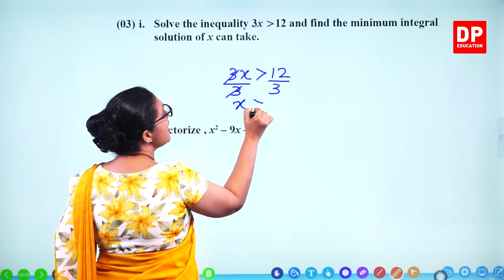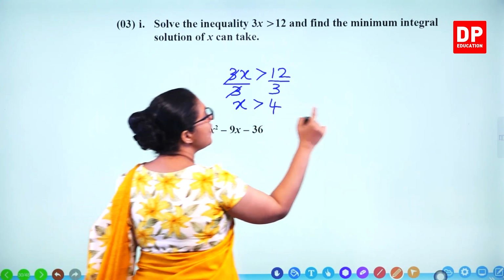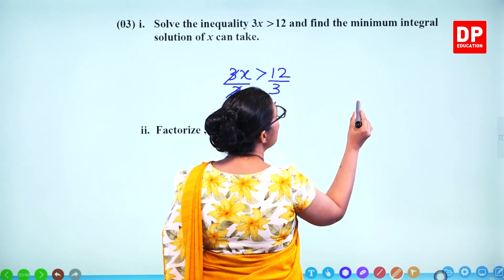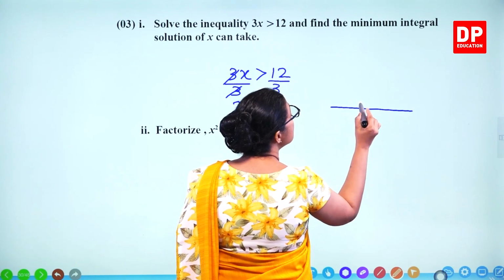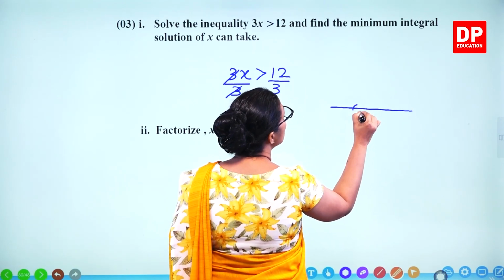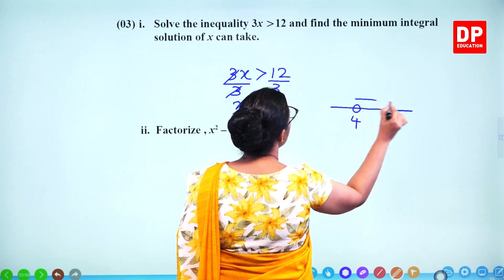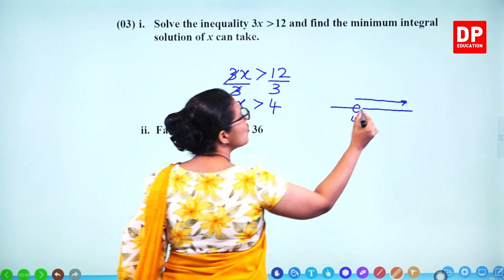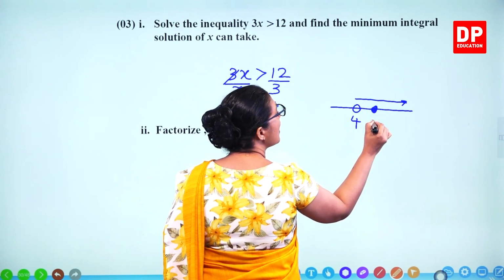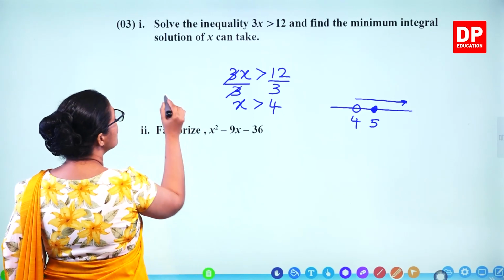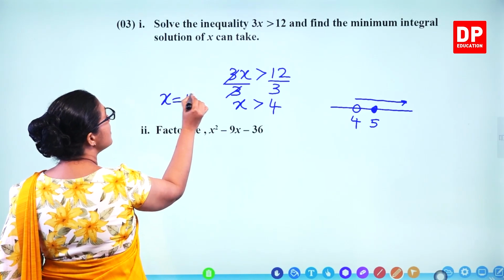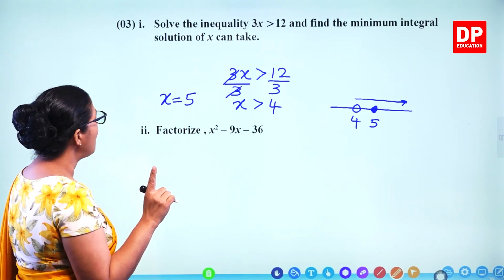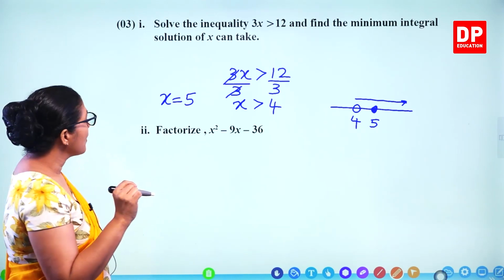So x is greater than 4. So 4 is not included. So what is the minimum number? This is all greater than 4. So the minimum number you can take is 5. So x equals 5 is the minimum integer value.